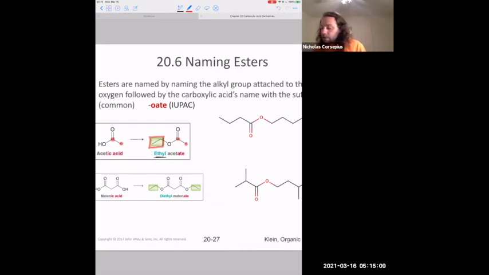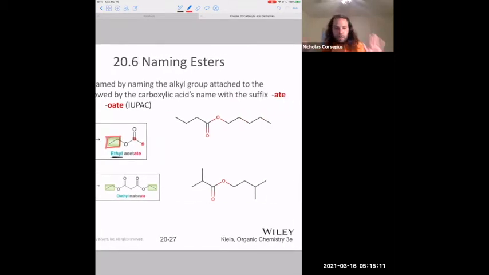Okay, so let's start over here. Again, we've got to include these because they're going to be on Wiley and stuff. Let's start with one of these and do our systematic naming. So the first thing you're going to do is chop these molecules at this carbon oxygen bond, not this one and not this one in particular.